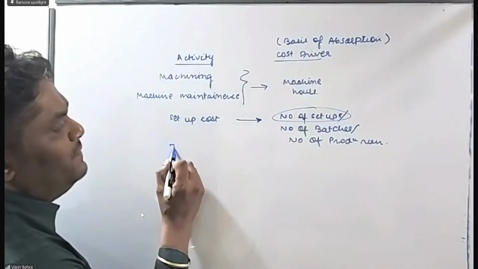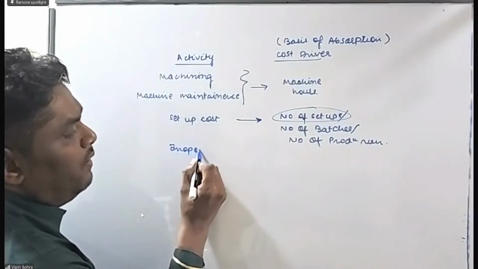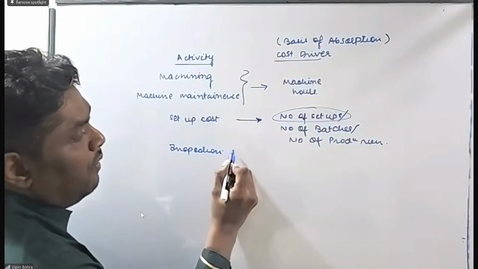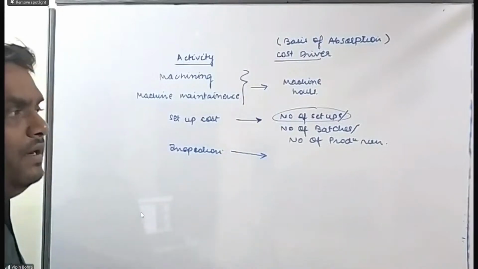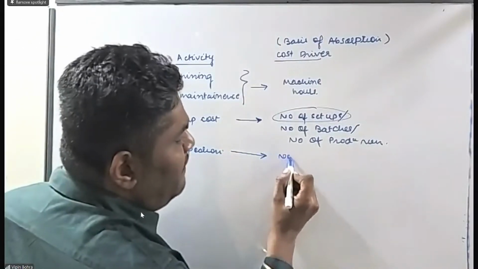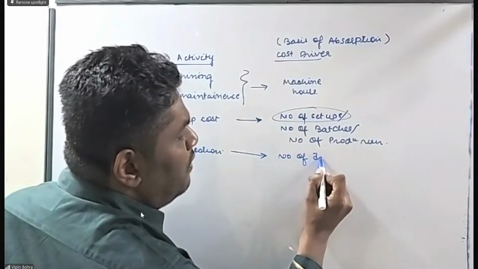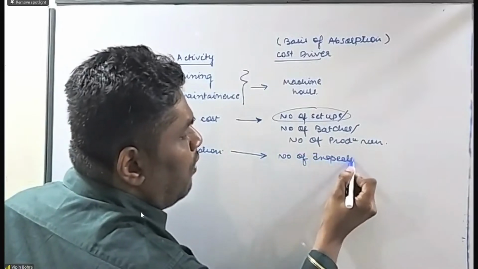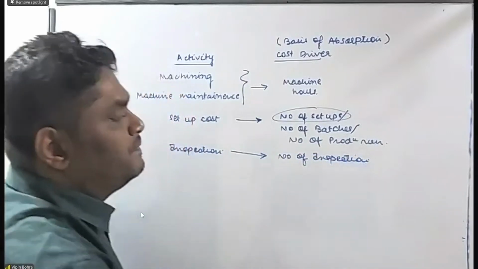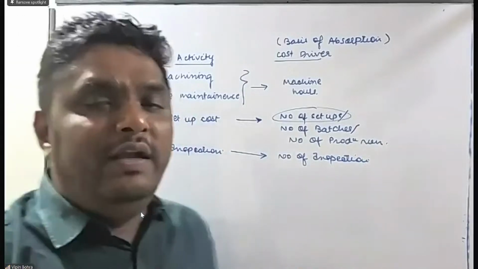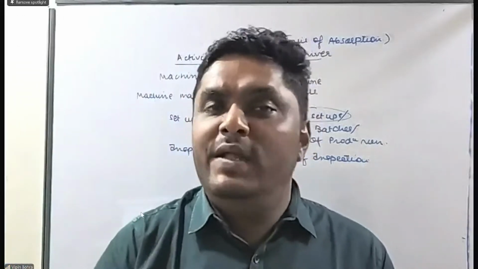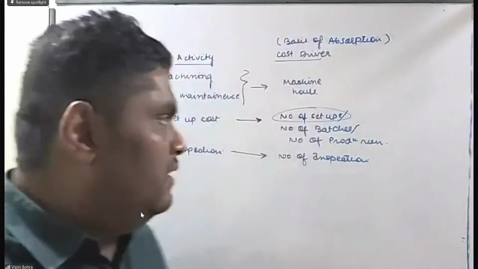Thereafter, inspection can be an activity. Again, the number of inspections will be given in the question. If not, then again we have to identify the most suitable basis of absorption.